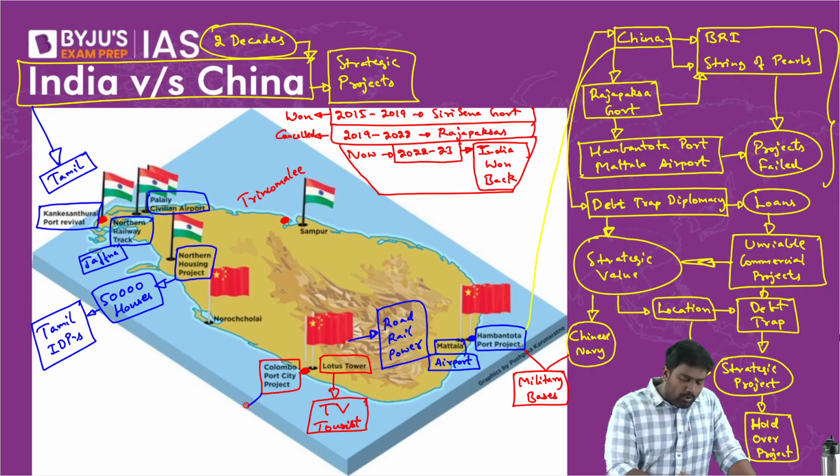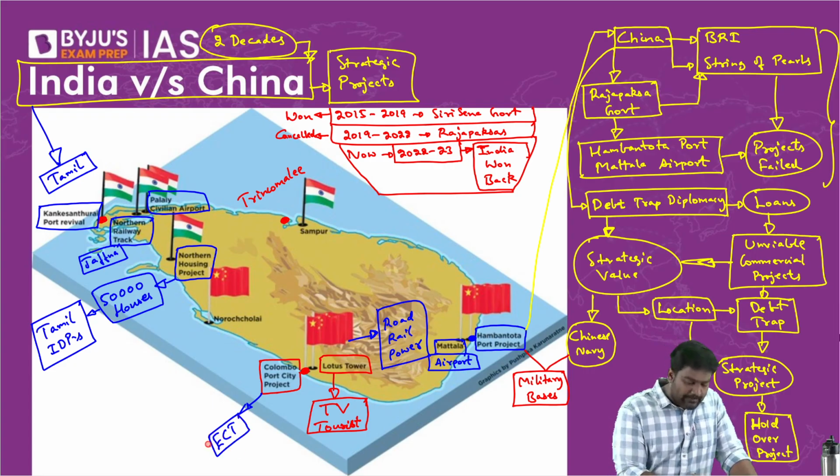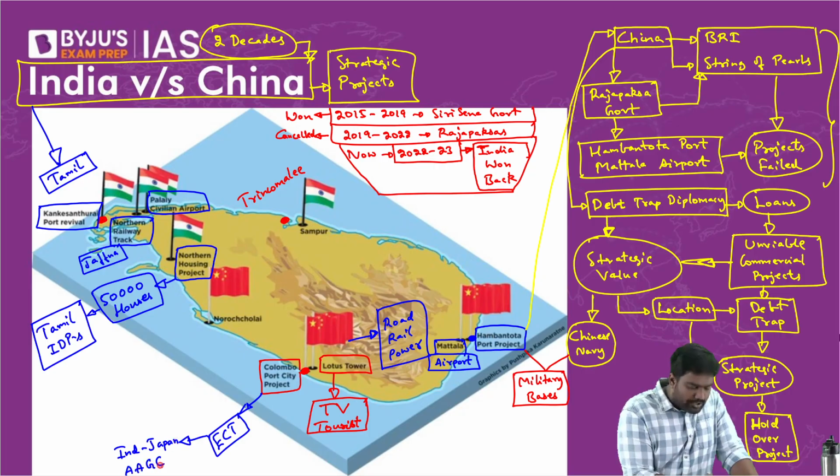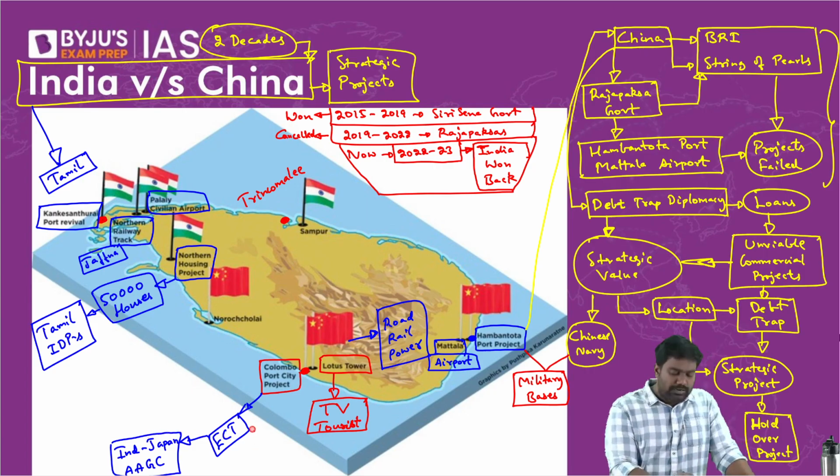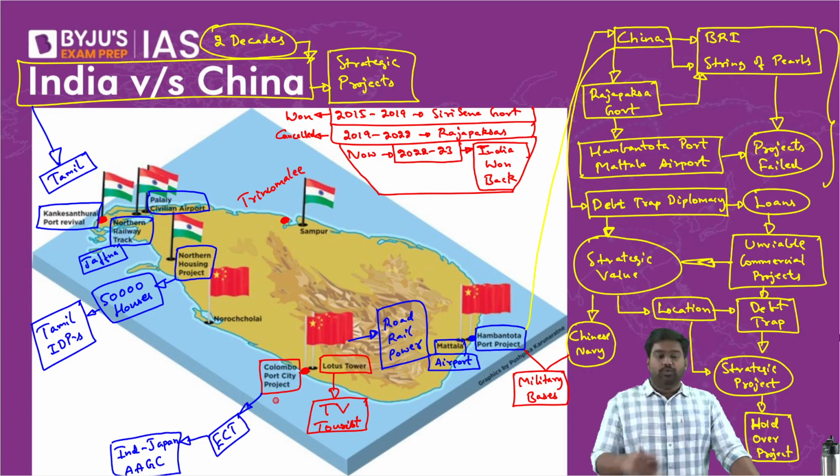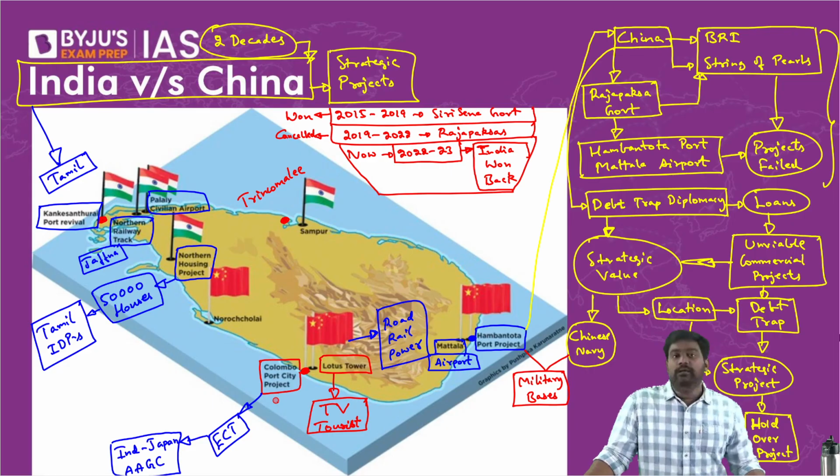At the Colombo port, the East Container Terminal project had been awarded to India and Japan. India and Japan, as part of their Asia Africa Growth Corridor, were looking to take up this critical project to build the East Container Terminal to expand the Colombo port and to handle international transshipments.